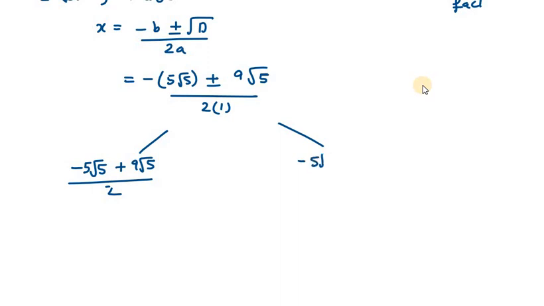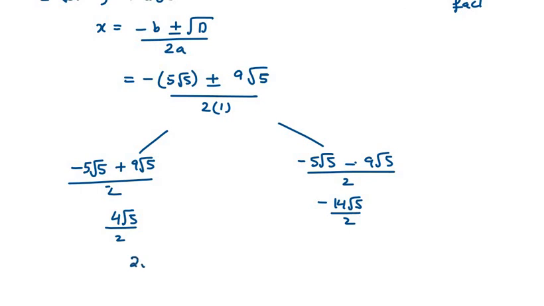Second is minus 5 under root 5 minus 9 under root 5 over 2. So you get 4 under root 5 over 2 and you get minus 14 under root 5 over 2. So we have two values, that is 2 under root 5 and we have minus 7 under root 5. So these are two roots of fifth quadratic equation.